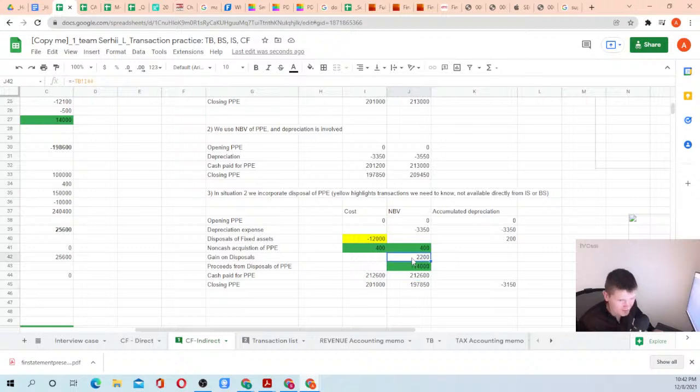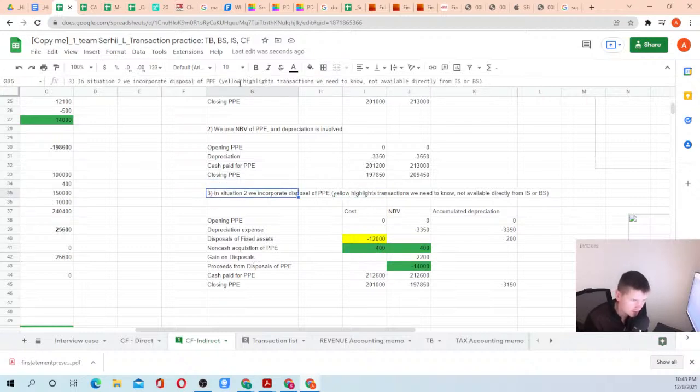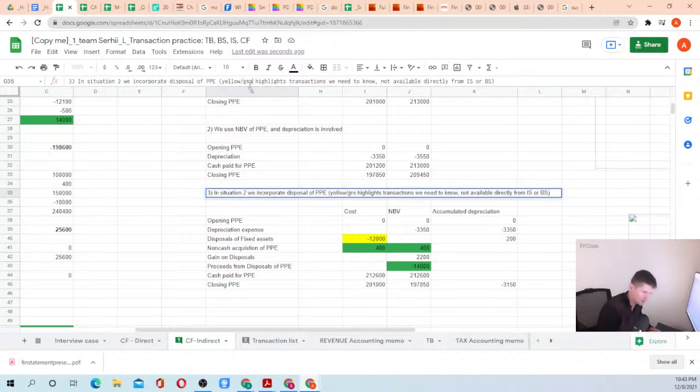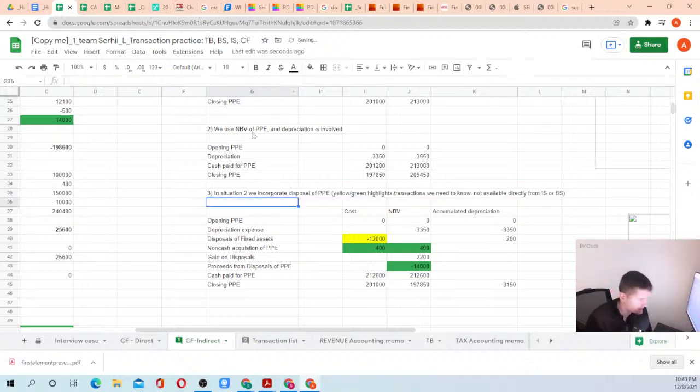And for gain, I believe, no. So basically, that's why NBV is probably a preferred way to calculate anything, because we need these numbers for our cash flow statement regardless. We need to get them from our transactions list or transaction detail.